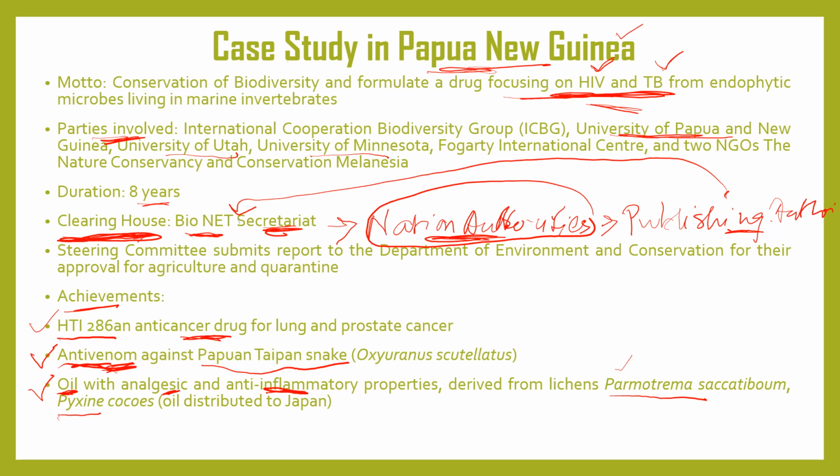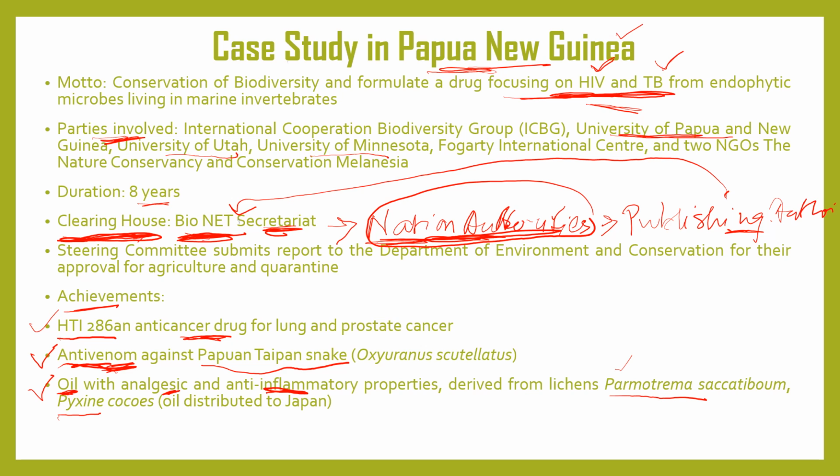Any country or any business house or any individual can access this BioNet, and then contact the national authorities for sharing of these genetic resources. If there is a mutual agreement, then only the sharing of resources for research as well as non-research or any commercial purpose will be done.